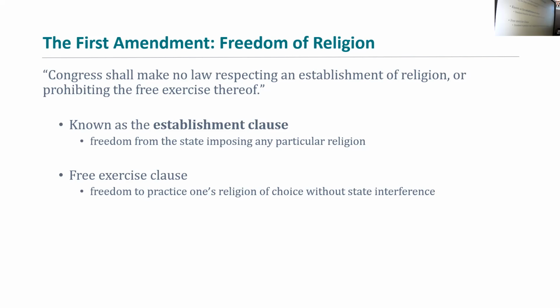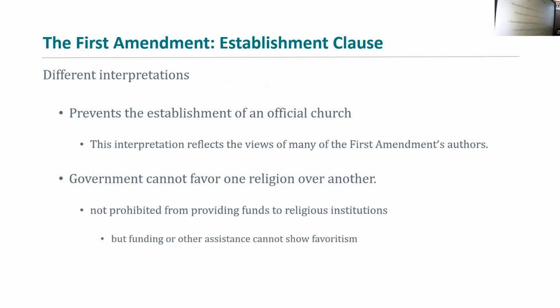With freedom of religion, there are two aspects. There's the Establishment Clause, which prevents the state from imposing a particular religion. And then there's the Free Exercise Clause that says you can practice your religion however you want.